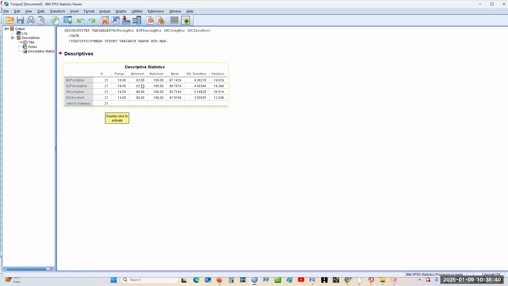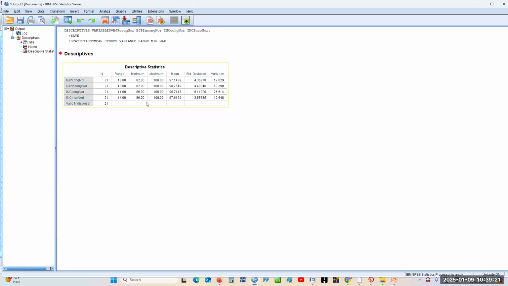And we also have the minimum, where we have 82 and 86. Anyone can understand that participants are very accurate while judging, 100% in both cases, both INC and BJP. And if you go to minimum accuracy, you will find 82% when they are perceiving the BJP symbol and 86% when they are perceiving the INC symbol.